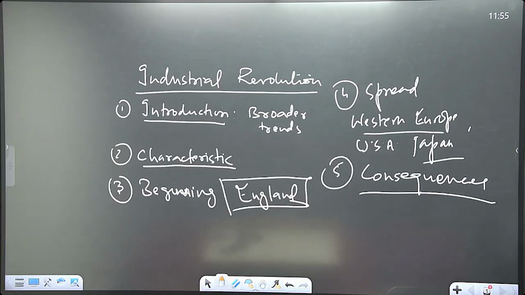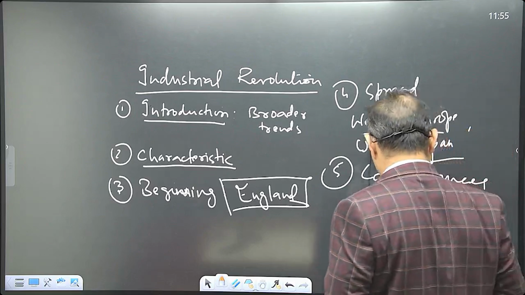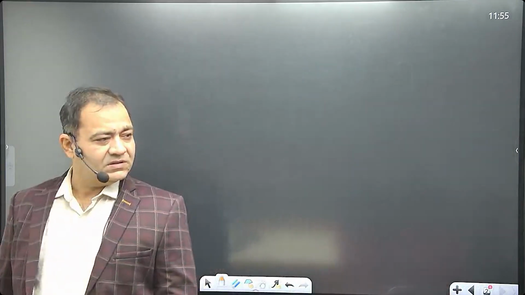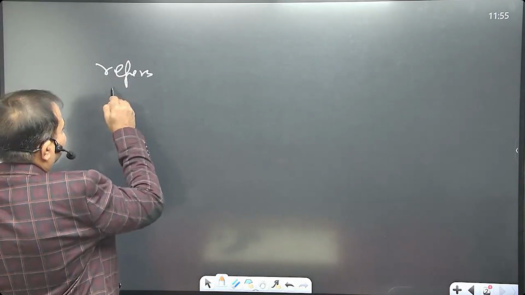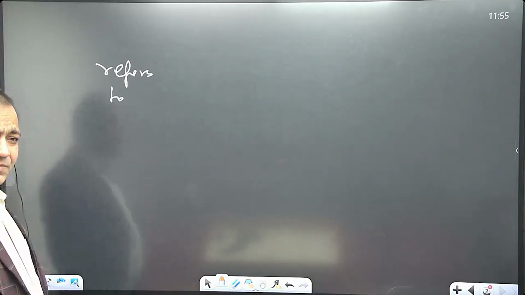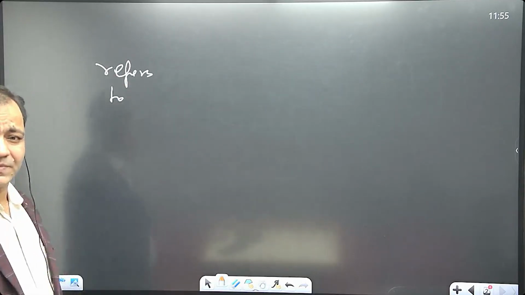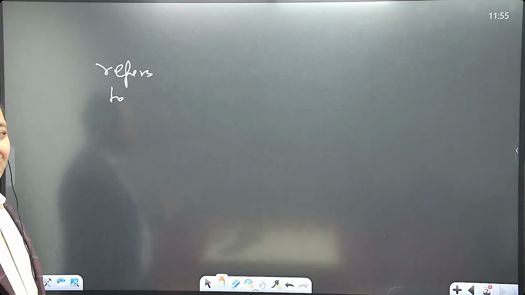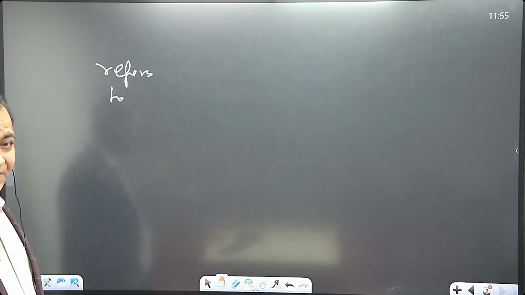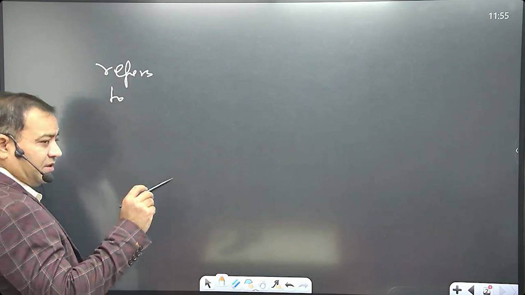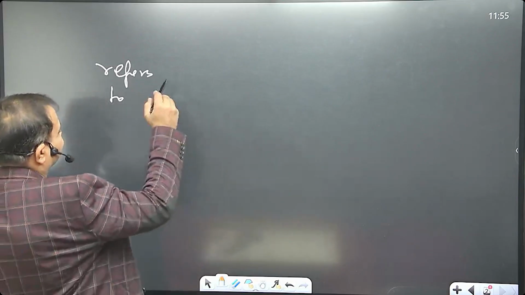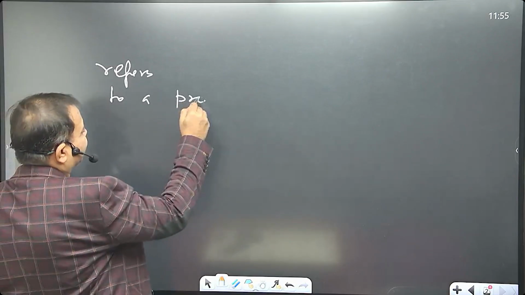The industrial revolution refers to... We are not going to define but perceive what is called the industrial revolution. Clear? The industrial revolution refers to a process. I hope you understand this.